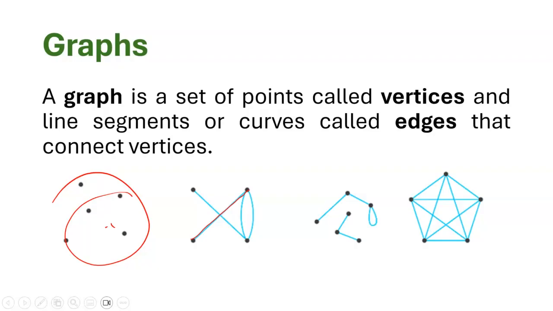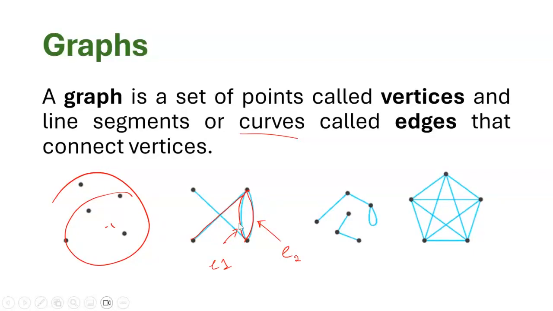The first graph is only the vertices, only the points. The second graph also has some edges that are connecting them. And notice that, as mentioned, it doesn't have to be just lines, you can also have curves. For example, here we have 2 points connected by 2 edges. Maybe I can call this edge 1, so E1, and this would be edge 2, kind of like the left path and the right path.